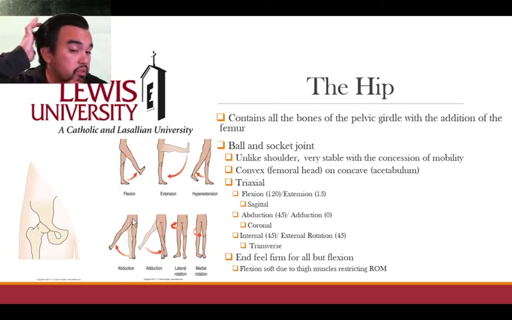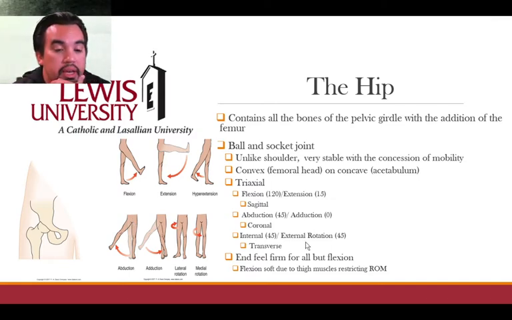We have flexion, extension, abduction, adduction, internal rotation, and external rotation. The end feel for everything but flexion is firm, and flexion is soft due to the thigh muscles and the abdomen touching each other.